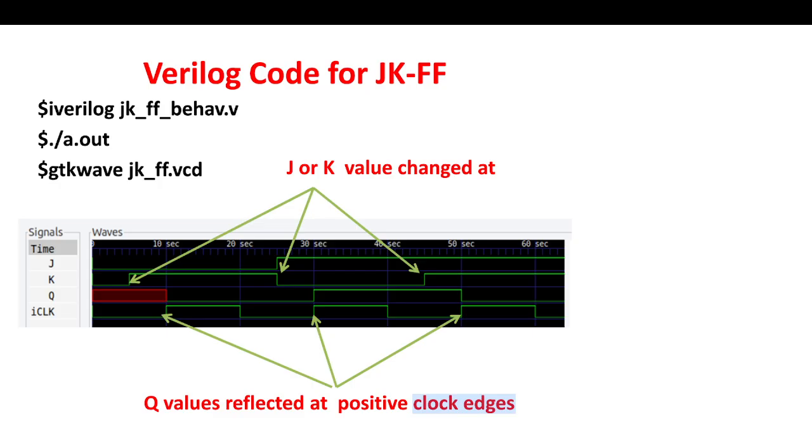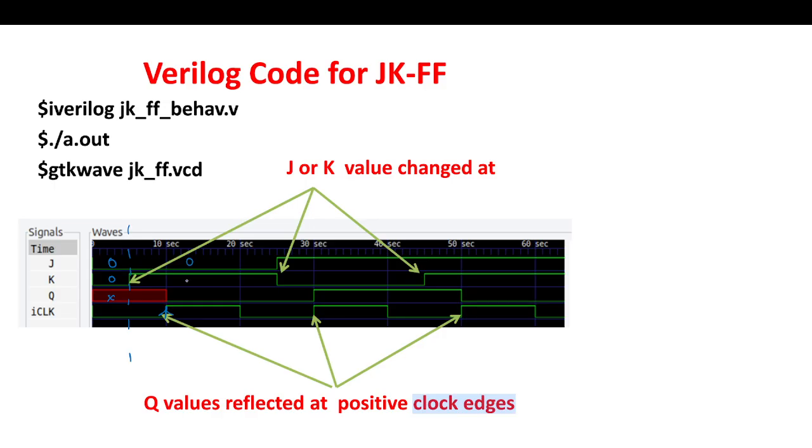Okay, so at the starting, when both are 0 0, without the previous state, the memory state, we cannot say what it is, so it's a don't care. And also the clock edge has not come yet. At the clock edge only we have to see what the value goes.